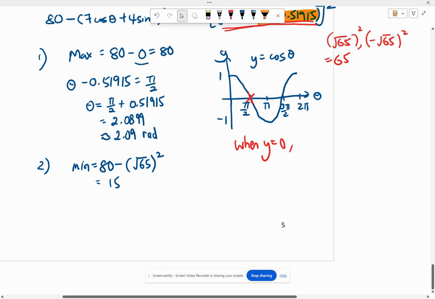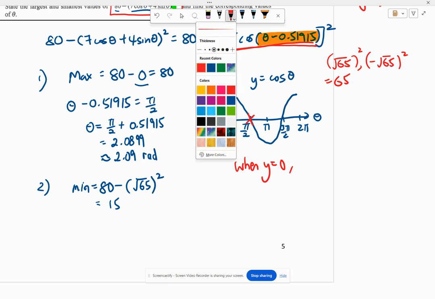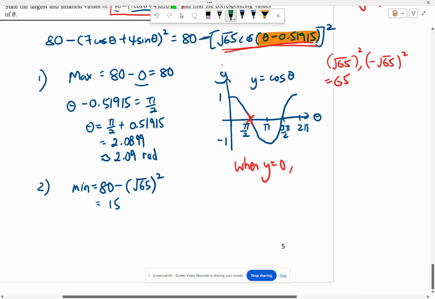Okay, so when the maximum value is square root 65, just to focus on again the cosine graph. When the maximum value is when y equals to 1, what's the value? Can you see? Y equals to 1, mark it with green.